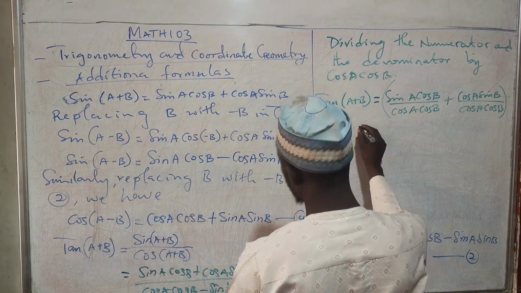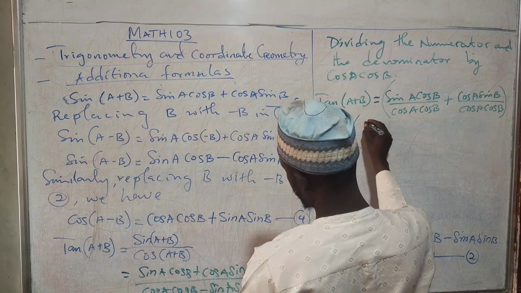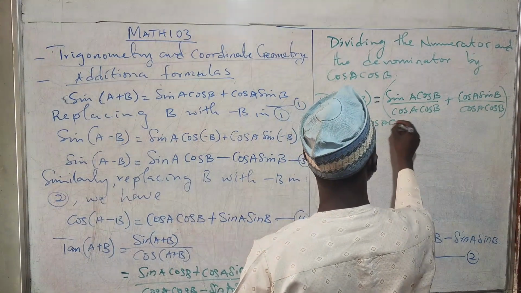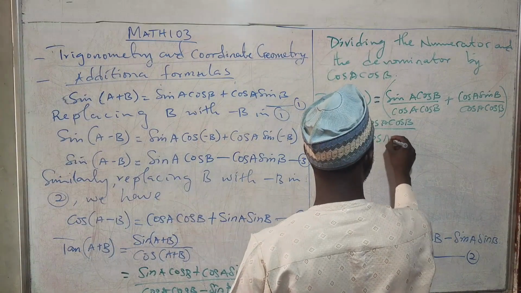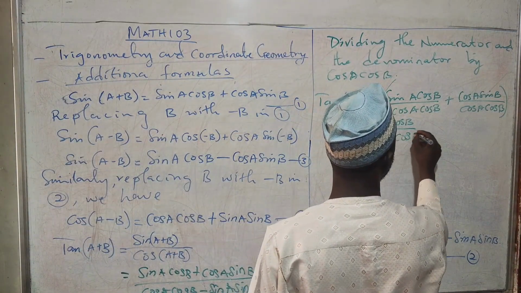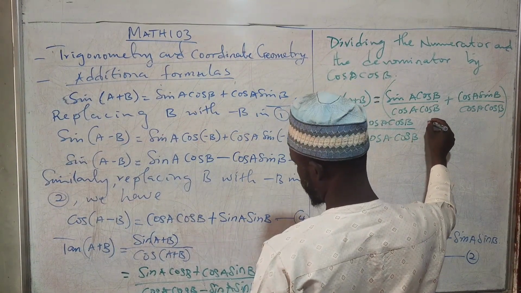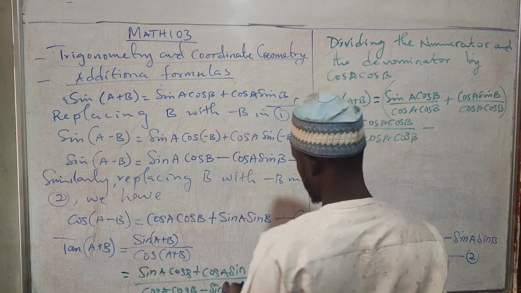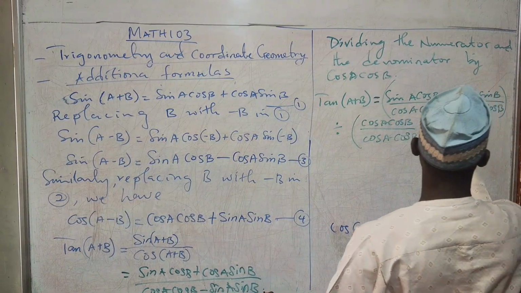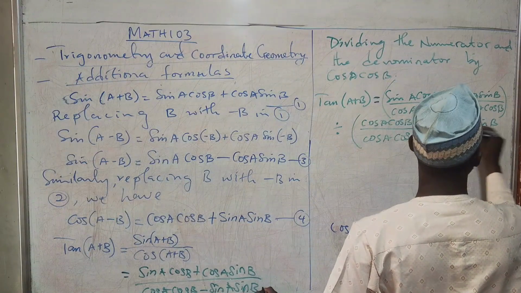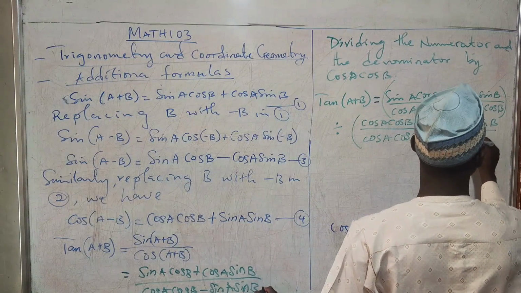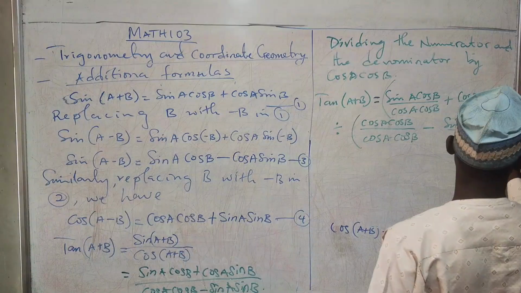So the denominator is cos A cos B over cos A cos B, minus sine A sine B over cos A cos B.